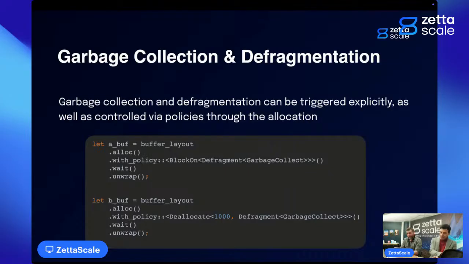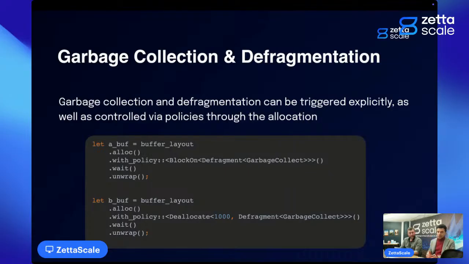And if there is a buffer now in the free list that accommodates my allocation request, then this would succeed. And if that buffer doesn't exist, this will fail. Okay. But that doesn't necessarily mean that I don't have enough memory. It might mean that there might be adjacent buffers that if merged back, they would have exactly the appropriate size. And this is where the fragmentation comes into play.